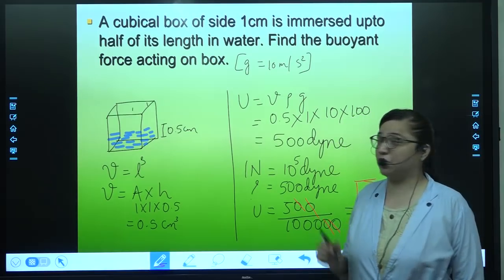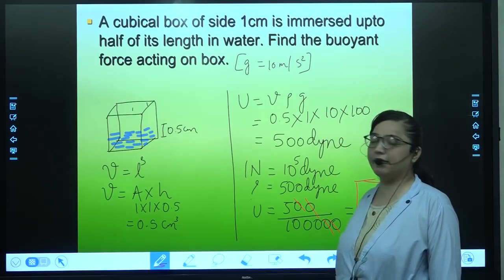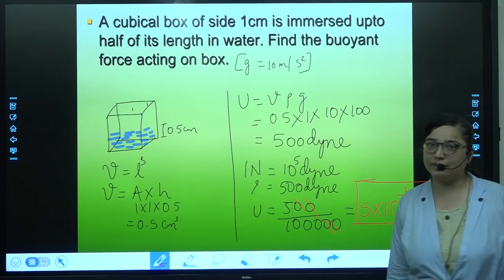Alright, note down this particular numerical, then we will move further. Be quick.